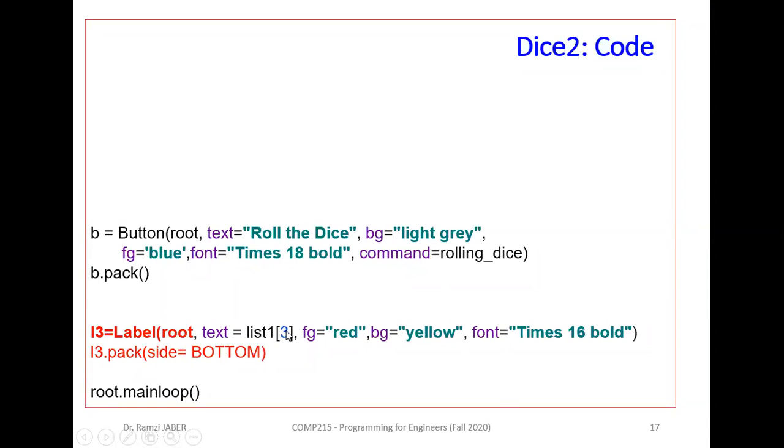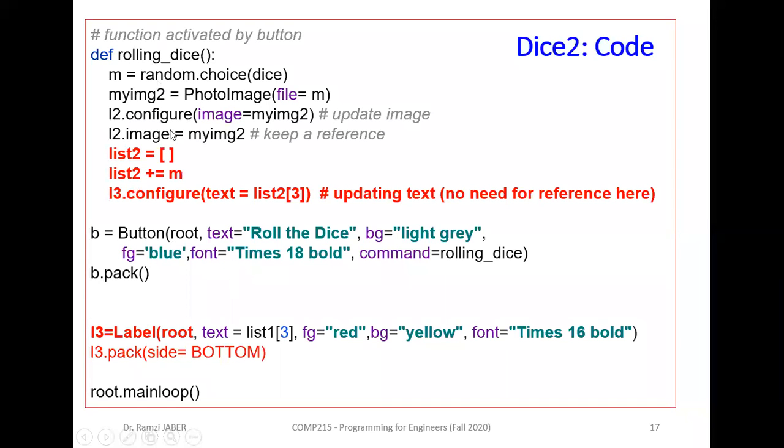List 1, 3 will be updated because it is not fixed. Red, yellow, whatever. And we put L3.pack side equal bottom, in the bottom of the application or the main window. So the trick here: the text is the location of the number, list 1, 3.